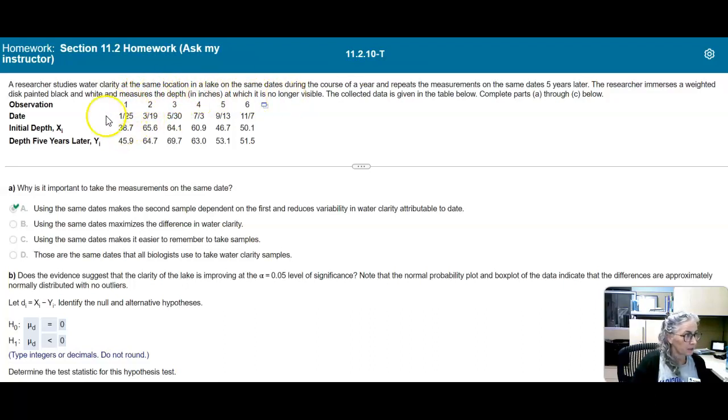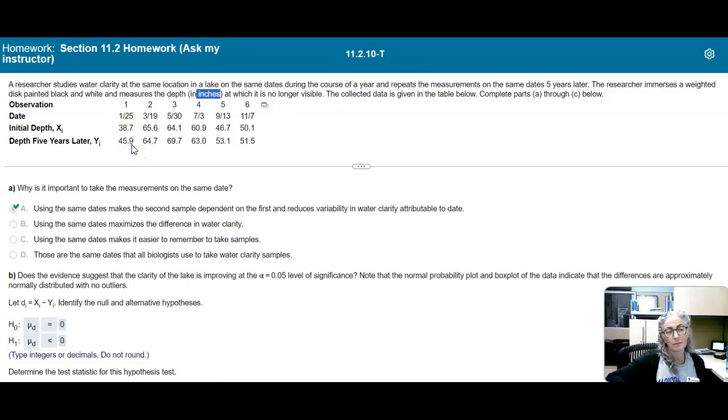If I just focus on one observation to help me get a sense of what's going on: in the first observation, they dropped the disc down 38.7 inches. This is as far down as it went until it was visible. Then 5 years later, it went down 45.9 inches.